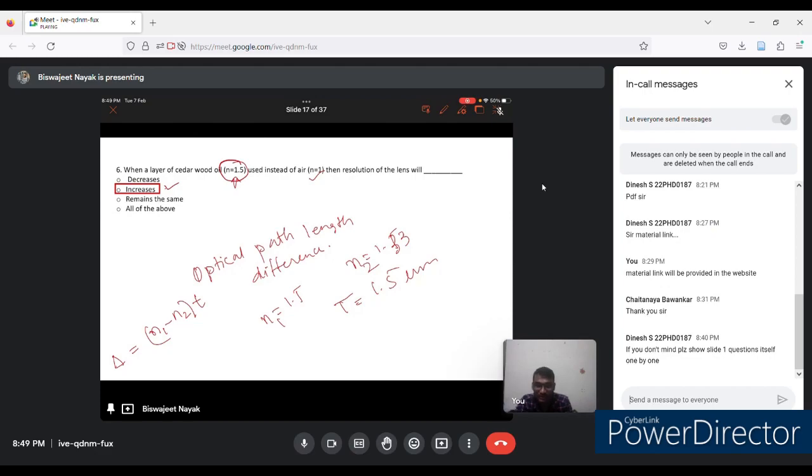There are options, but no values are given for that. But I'm confused which one is n1, and then finally I will get a negative answer. I have one formula, sir: delta is equal to n1 minus n2 into t. I don't know which one is n1 and which one is n2.